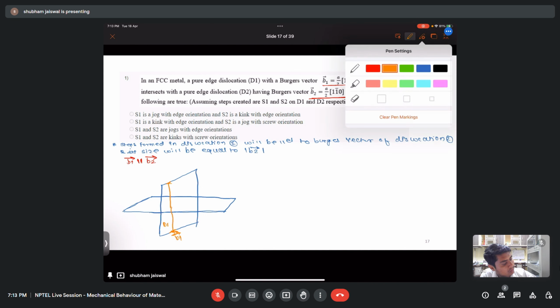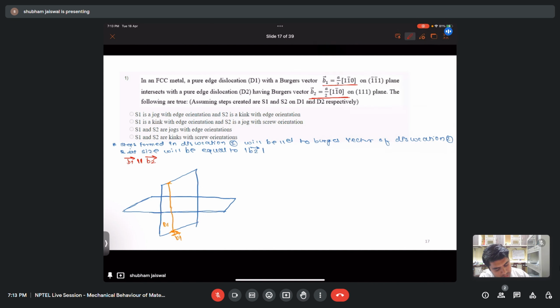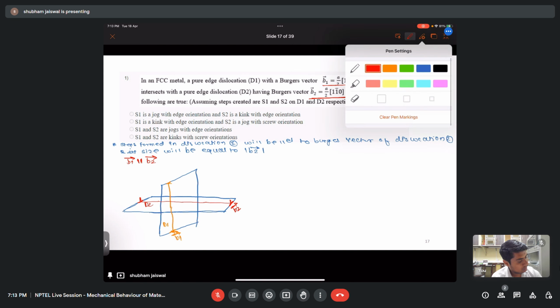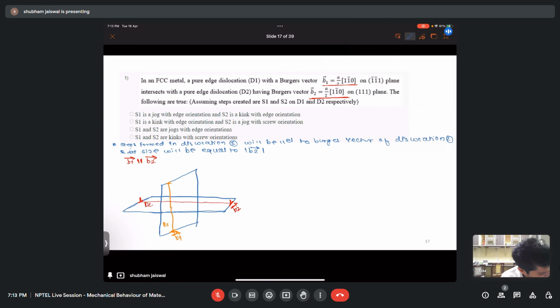And let's say I have another dislocation here, that is dislocation D2, and this is the direction of B2. So you can see that B1 is parallel to B2. So how will these two interact with each other? Let me draw again.